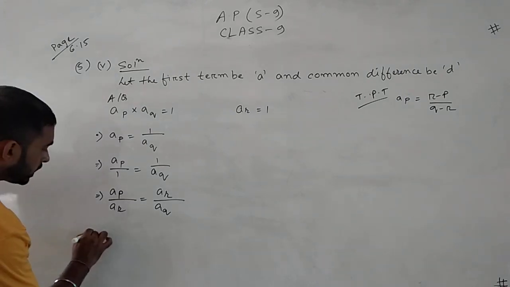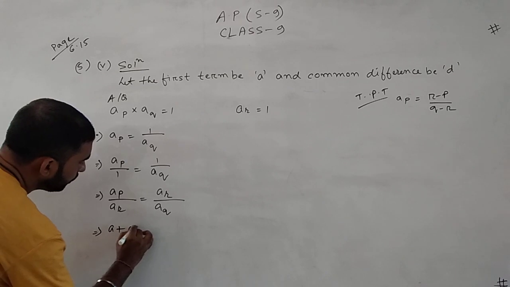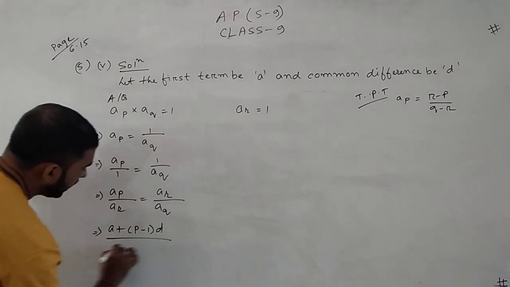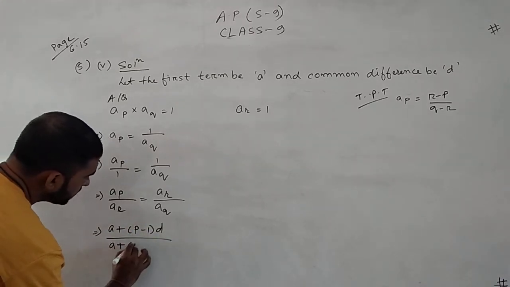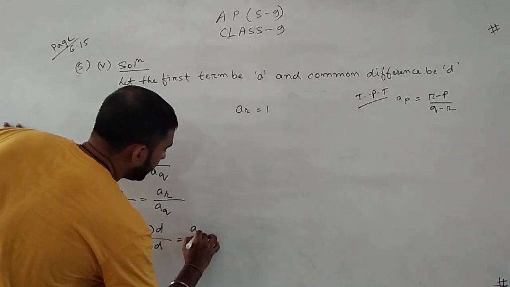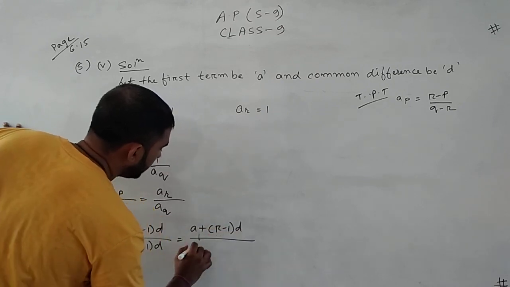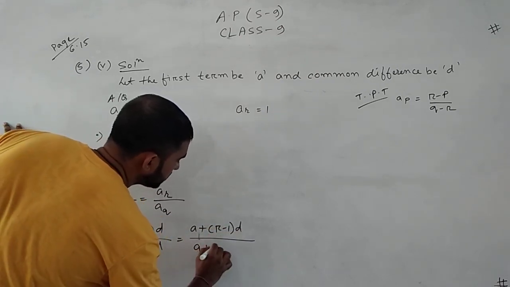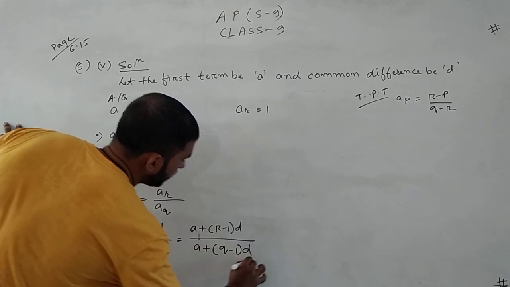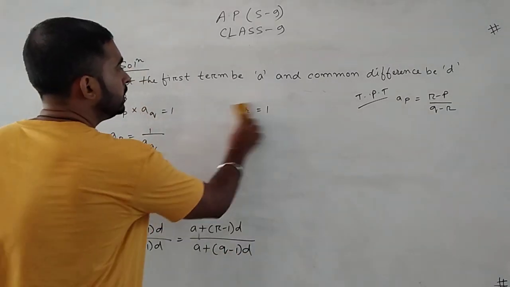Now what is AP? AP equal to A plus (p minus 1)d, AR equal to A plus (r minus 1)d, AQ equal to A plus (q minus 1)d.